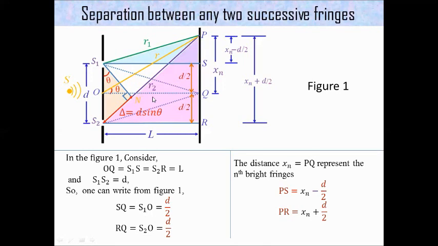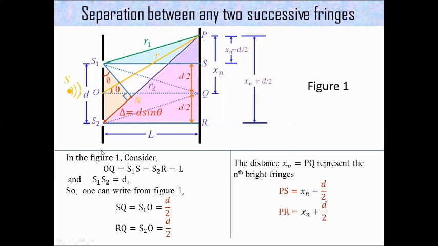Therefore, waves from S1 and S2 arriving at point Q are in phase, and a bright interference fringe will appear at point Q. The distance xn equal to PQ represents the nth fringe.